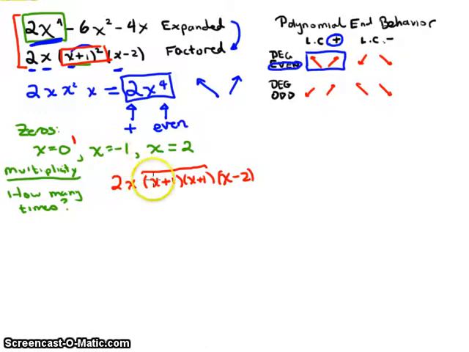My x equals negative 1, which comes from the x plus 1 factor, appears twice. And my x minus 2 gives me a 0 of x equals 2. That appears once. So the multiplicities are said to be 1 for x equals 0, 2 for x equals negative 1, and 1 for x equals 2.